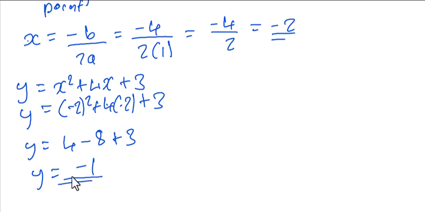So therefore our turning point in this particular case is just going to be negative 2 comma negative 1.